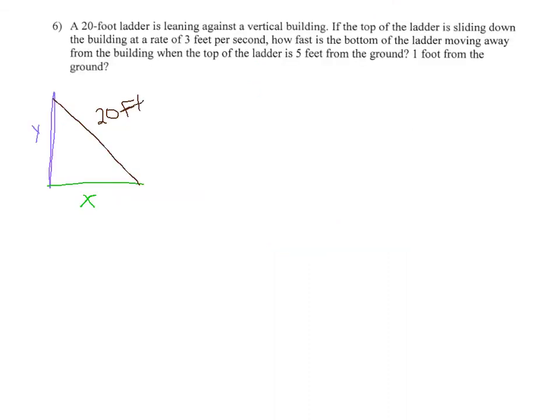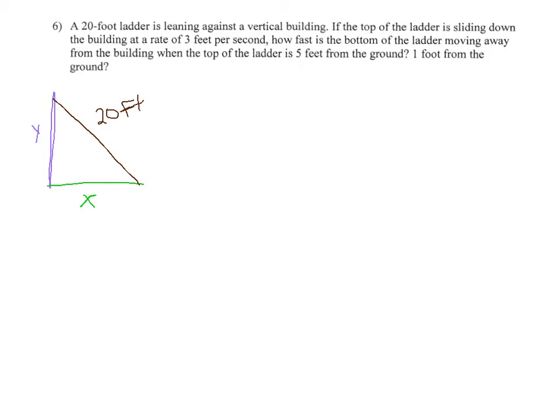In this problem, we have a 20-foot ladder that's leaning against a vertical building. My building is purple. If the top of the ladder is sliding down the building at a rate of 3 feet per second, how fast is the bottom of the ladder moving away from the building when the top of the ladder is 5 feet from the ground, 1 foot from the ground?